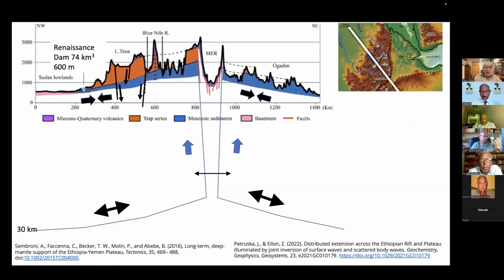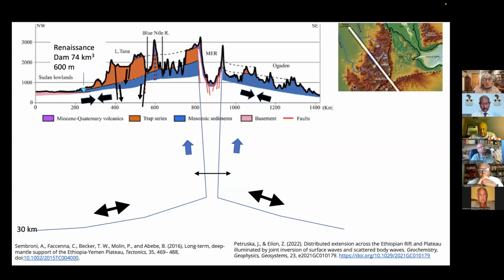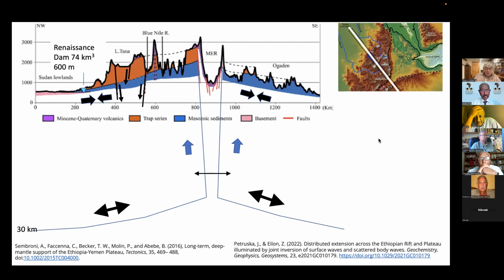Now, if you look at a cross-section, and the cross-section goes from the northwest to southeast, as shown in top right. This is the topography. So what is actually happening in this part of the world? Well, about 40 million years ago, the region rose as a result of a hot plume we can talk about rising from below, causing uplift, both through underplating of magma and through simple temperature increase that raised the region, the Ethiopian highlands.